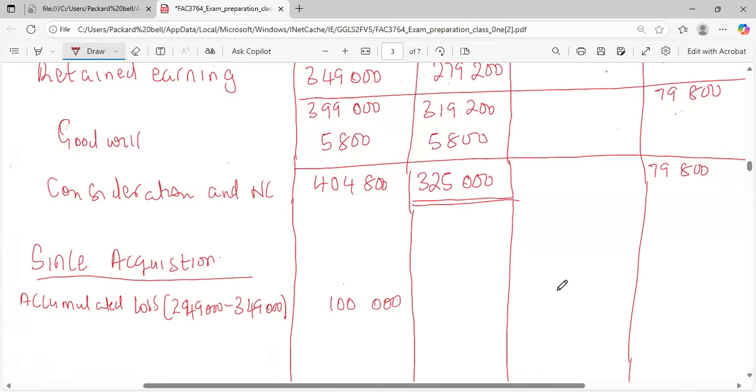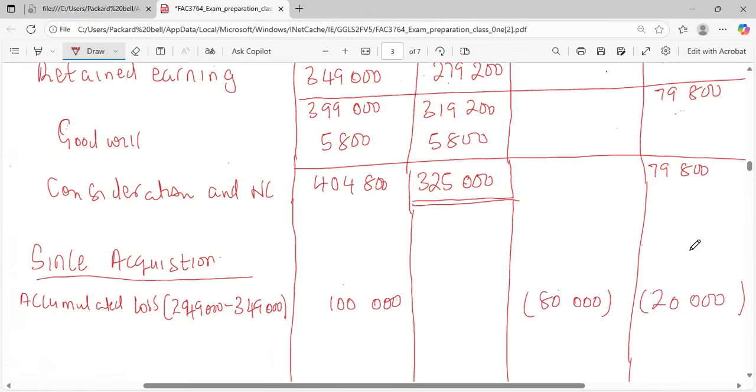So you are going to share that loss. So 80% of 100,000 is going to be 80,000. So the loss that goes to the group is going to be 80,000. And the loss that goes to NCI is going to be 20,000. So that's there.